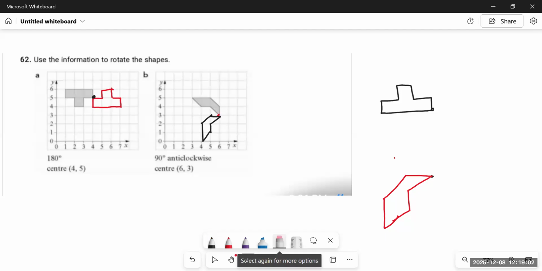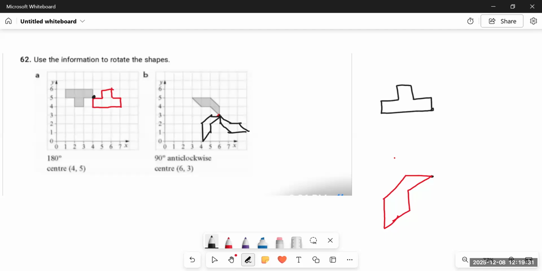That's how the image would look. Okay. And if we have to rotate it 180 degrees, then what would it be? This would be the 180-degree image.